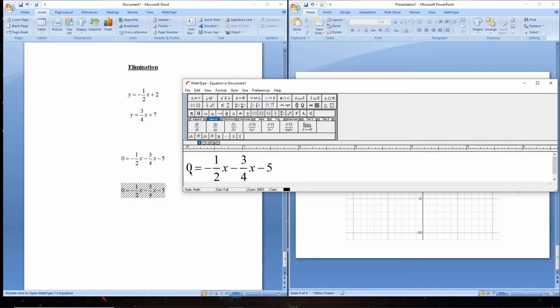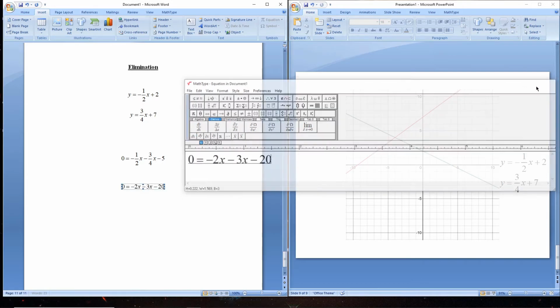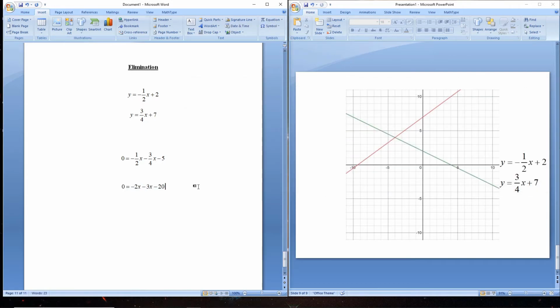So 4 times 0 is still 0. 4 times 1/2 is 2. 4 times 3/4 is 3. And 4 times this 5 here will get us a 20. So there we go. Got rid of all the fractions.